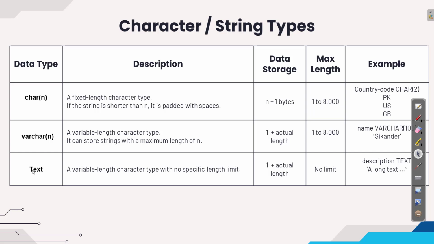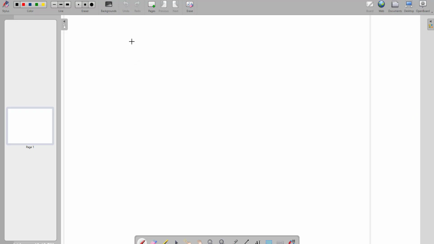Okay, the next is text. Text is a variable length character type with no specific length. For example, in the case of a description field, where you can't expect the length because the user will type however many characters.